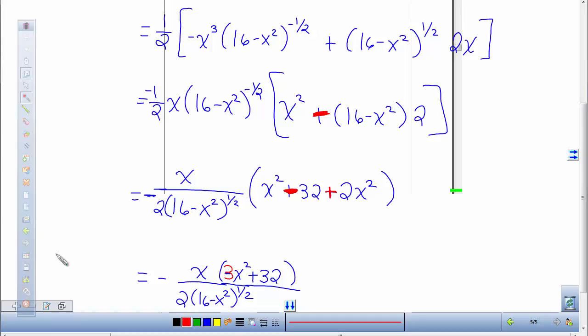Questions about that? All righty. So you changed the signs right there. Yes. And then this also was a 3 down here.